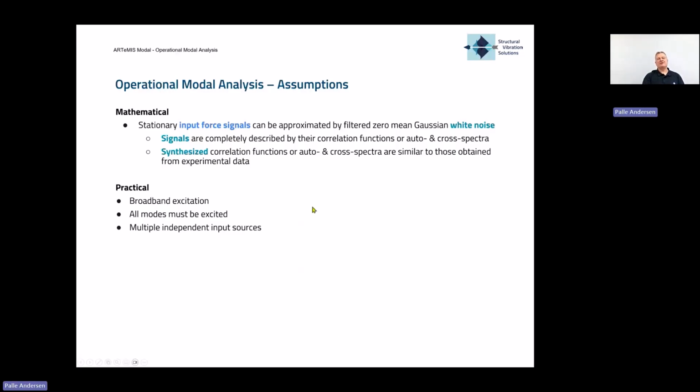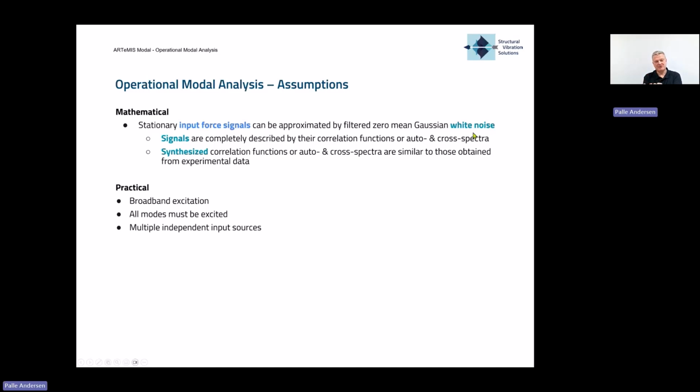So we can just grab up these assumptions here. We can imagine that we have to use input forces that are stationary, but then they are approximated by filtered zero mean Gaussian white noise. It's very complicated. But if we can assume this, it means that our response will be Gaussian distributed.